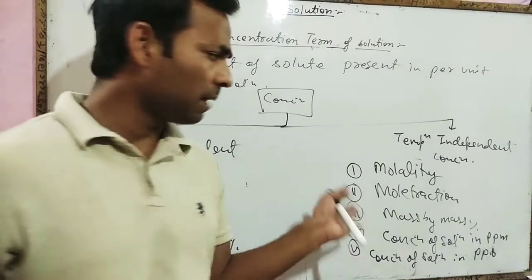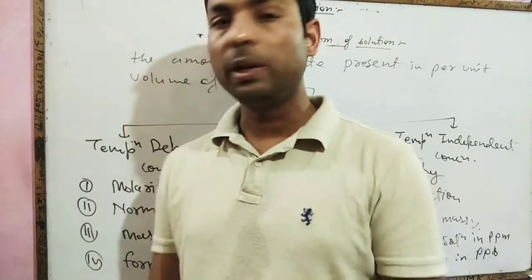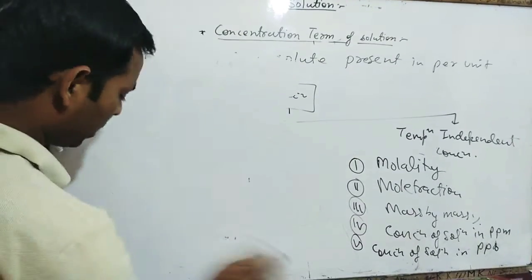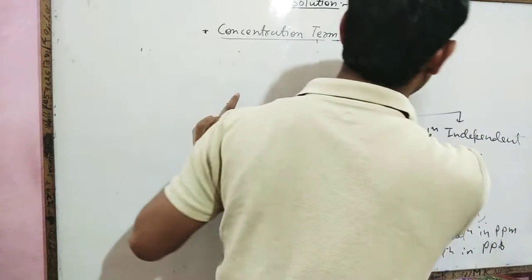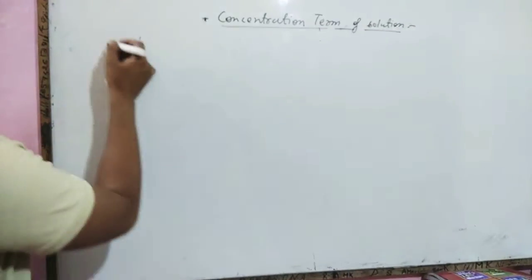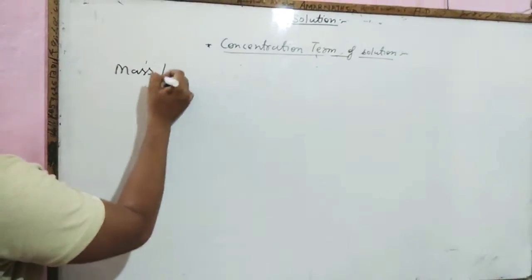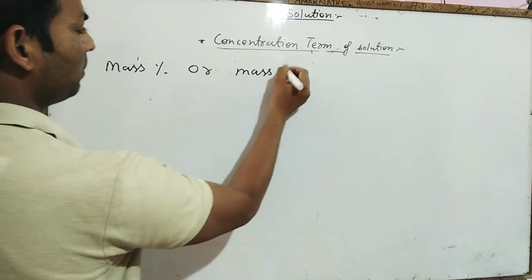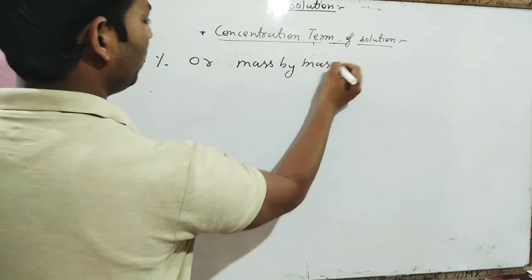After completion of this, one by one I am going to explain them with their examples. So first I am going to start with mass percentage. What is the meaning of mass percentage of solution? It is also called mass by mass percentage.